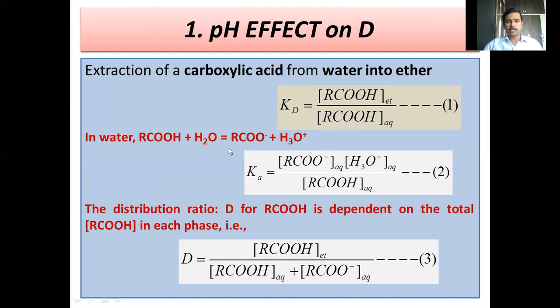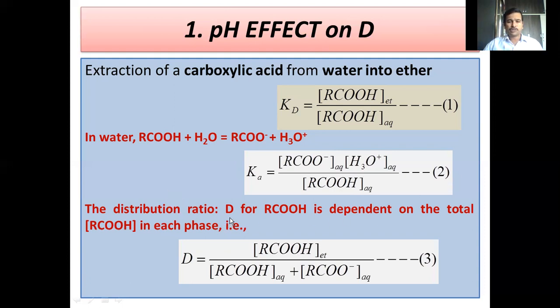Therefore, according to law of mass action, the equilibrium constant for this dissociation reaction is the dissociation constant. So this dissociation constant K is equal to concentration of the carboxylate anion in the aqueous layer into concentration of hydronium ion in the aqueous layer divided by concentration of carboxylic acid in the aqueous layer. Let it be equation 2, right?